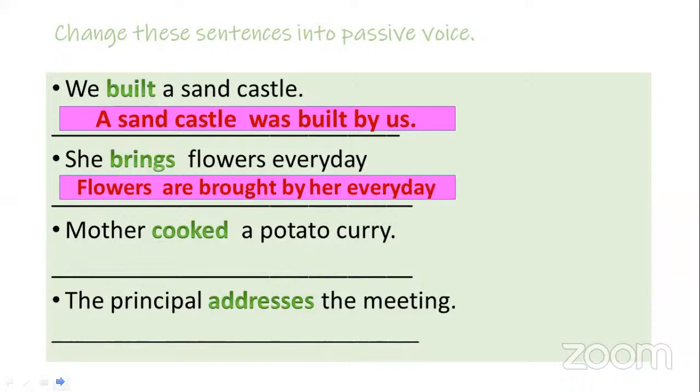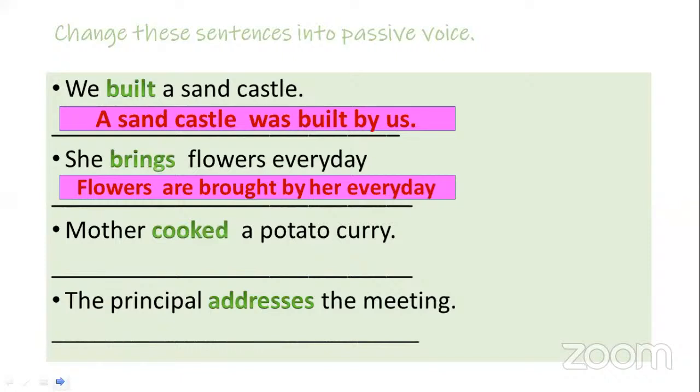Next one. Mother cooked a potato curry. Cooked is a past tense verb, so we have to use was or were here. Then we take the object, a potato curry, as the subject.